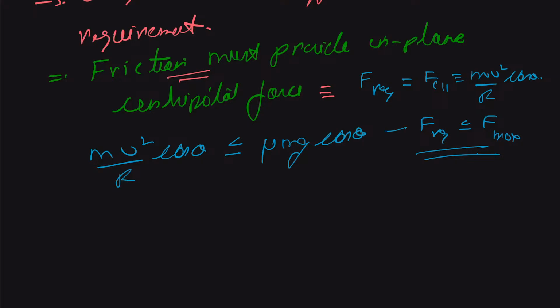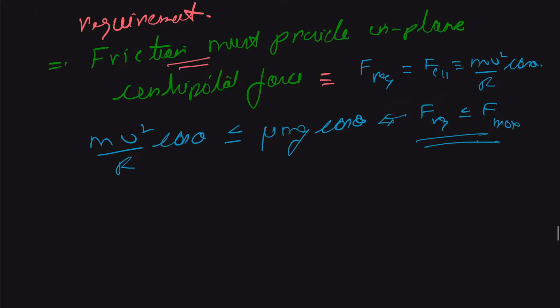So based on this we can easily write it, and sort it out further, and the cos theta and mass go away.